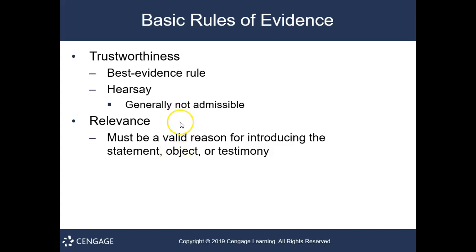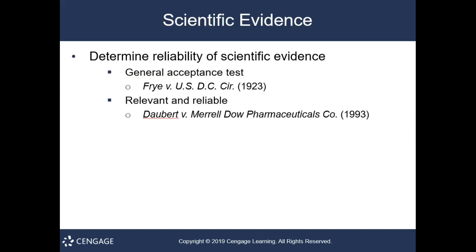It's generally going to be excluded because it's not relevant to the case, and it's misleading to the jury. So again, you must have a valid reason for introducing the statement, object, or testimony, in that it must tend to prove some issue that's in the action itself.